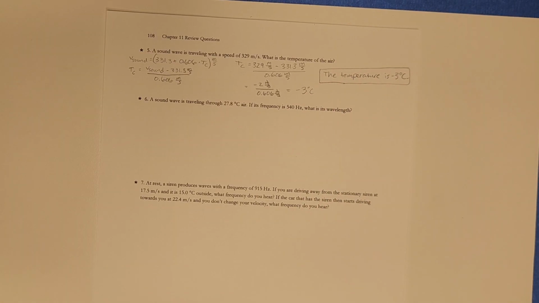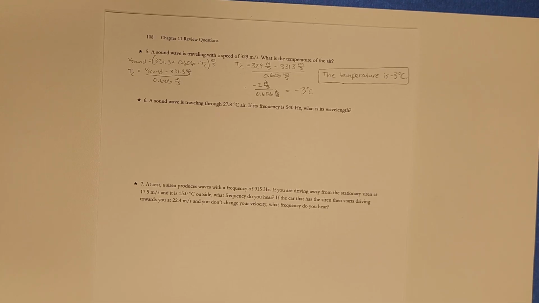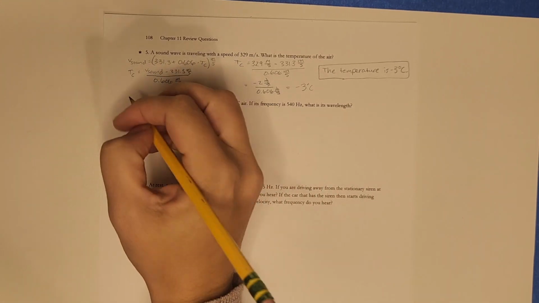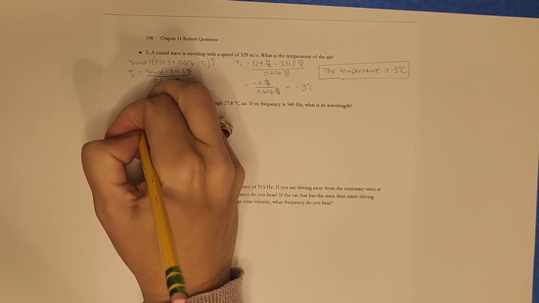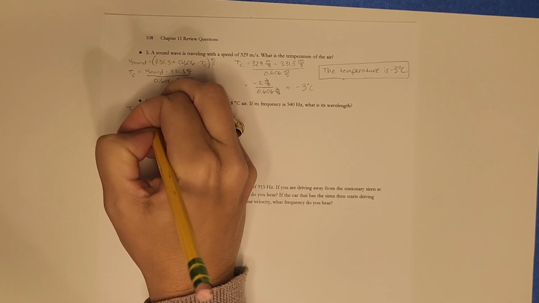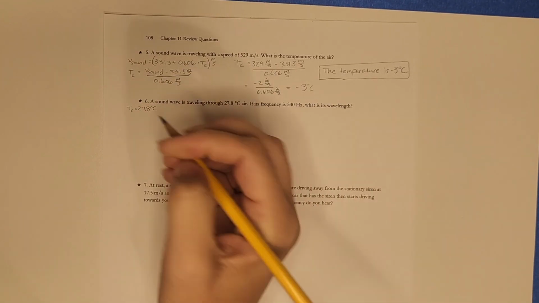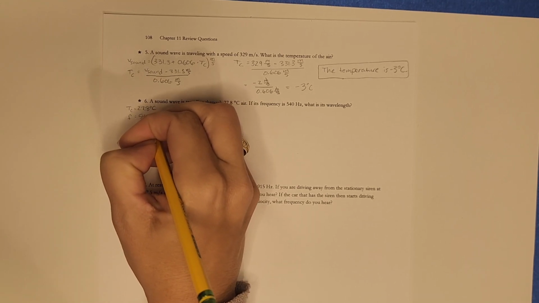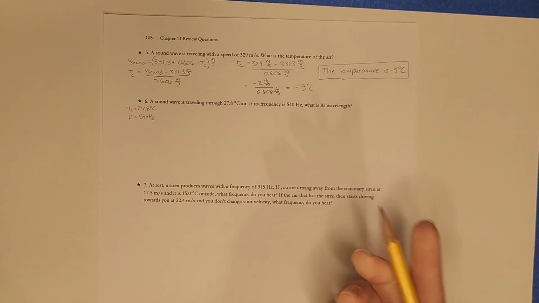For question 6, a sound wave is traveling through 27.8 degrees Celsius air. If its frequency is 540 hertz, what is its wavelength? So we have temperature is 27.8 degrees Celsius. We have a frequency equals 540 hertz, or 1 per second.